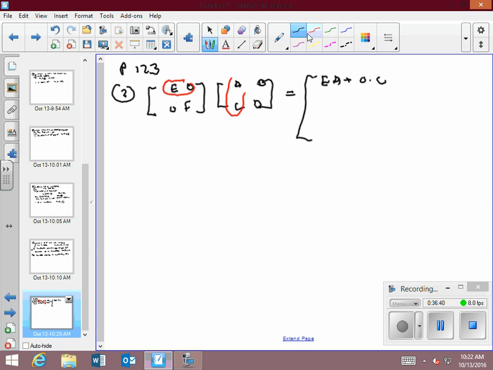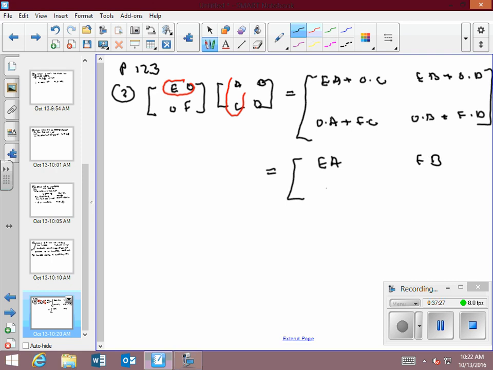And then EB plus 0 times D. And then 0 times A plus F times C. And then 0 times B plus F times D. So the upper left is EA, and EB, and FC, and FD. Pretty straightforward multiplication, right?